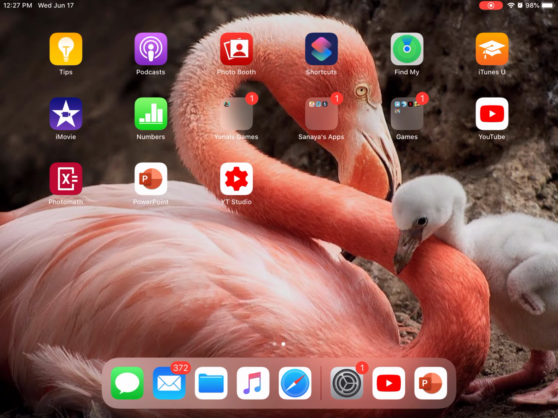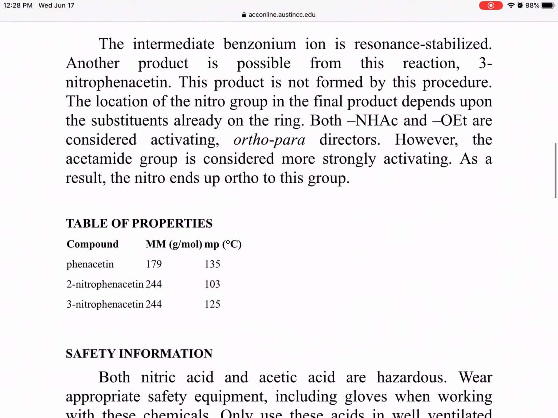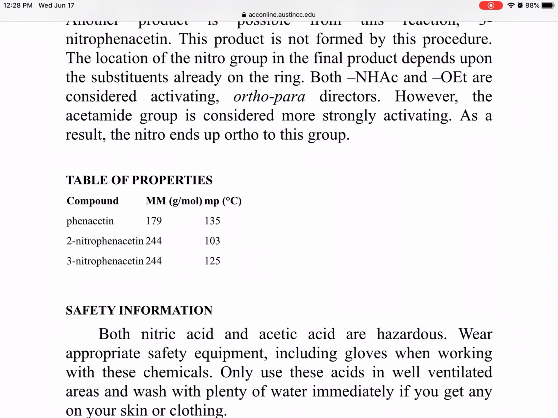You have to watch your virtual video, please do that, but I'll explain the experimental procedure. We are also given the molar masses. Phenacetin is 179 molar mass, as are 2-nitrophenacetin and 3-nitrophenacetin.